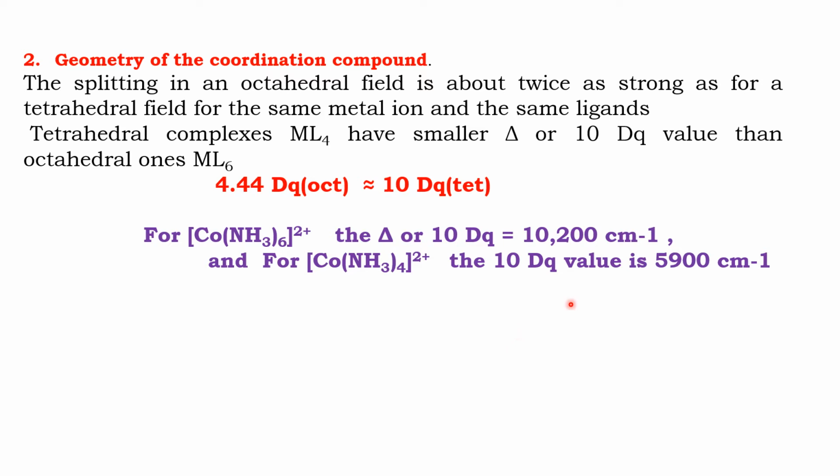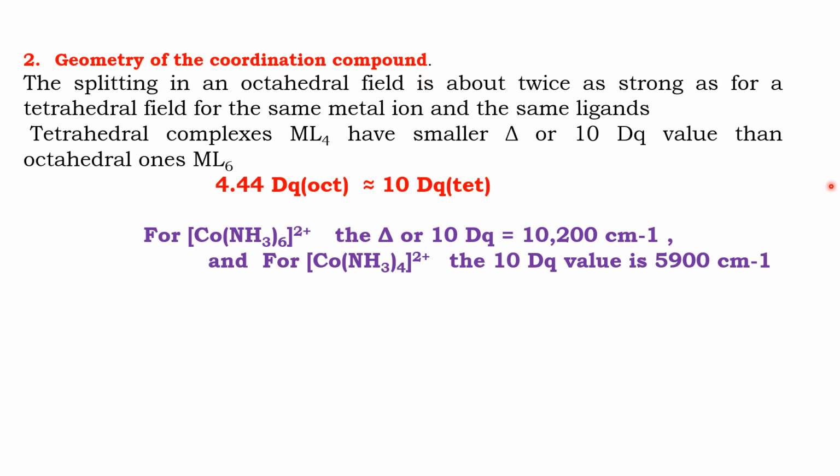For the octahedral complex, the 10Dq value is 10,200, while for tetrahedral it is only 5,900. So we could say, comparing tetrahedral and octahedral complexes, the 10Dq value of the octahedral complex is greater than the tetrahedral complex.